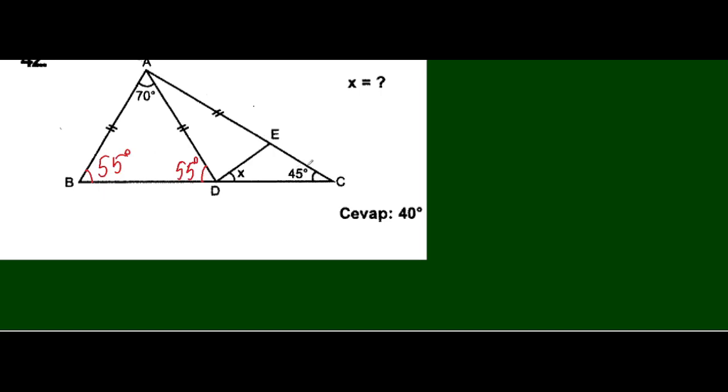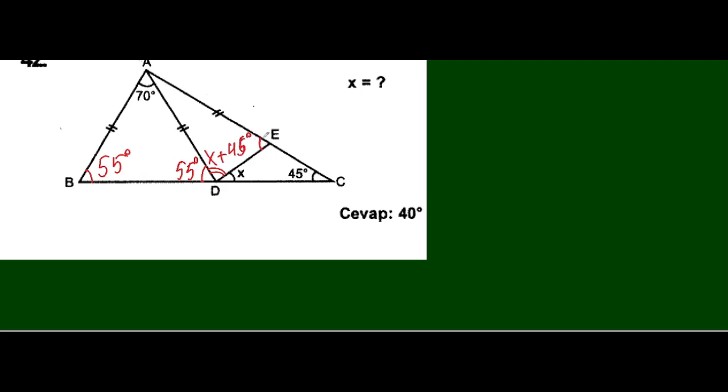Here, the secret solution, and this secret term again, is that this angle will be x plus 45 degrees, which means that these sides are equal, and we know that this angle will also be x plus 45 degrees.